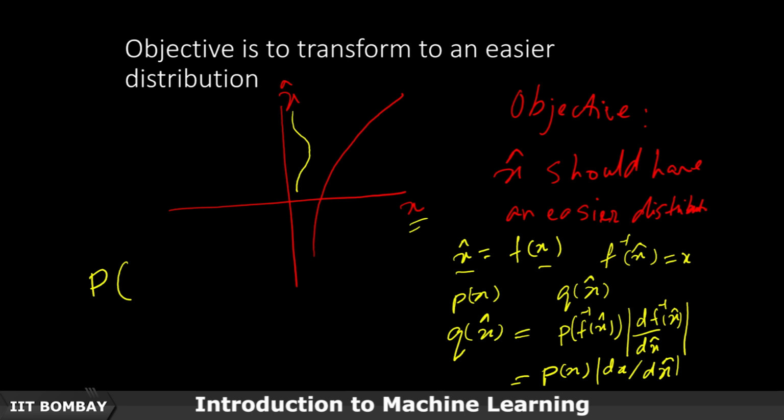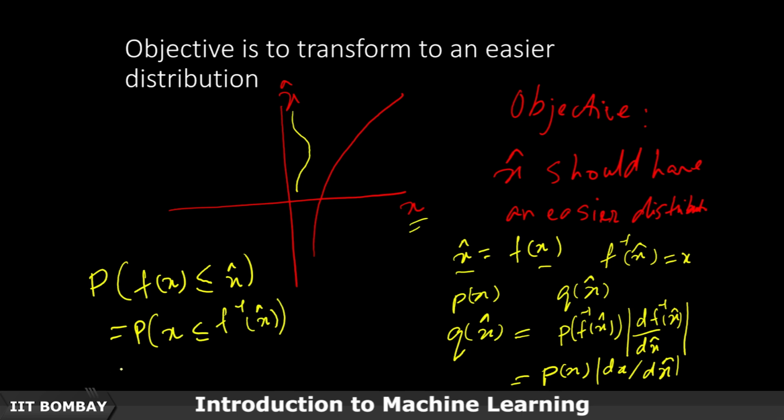So the derivation is quite simple. The probability that f of x is less than or equal to x hat is going to be the probability that x is less than or equal to f inverse of x hat.